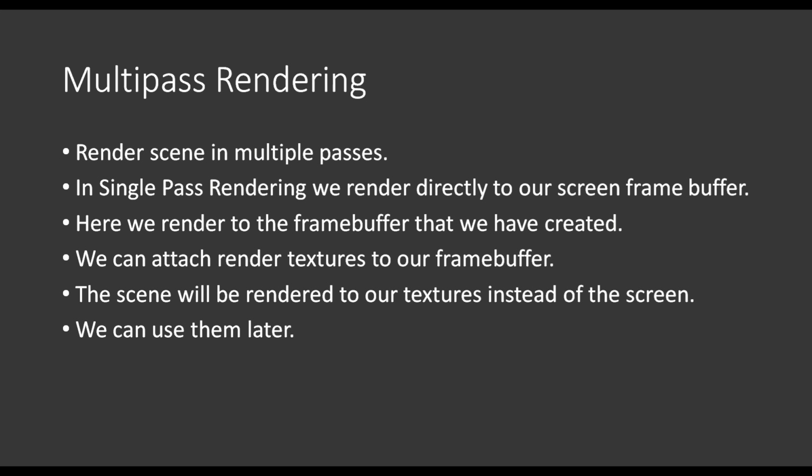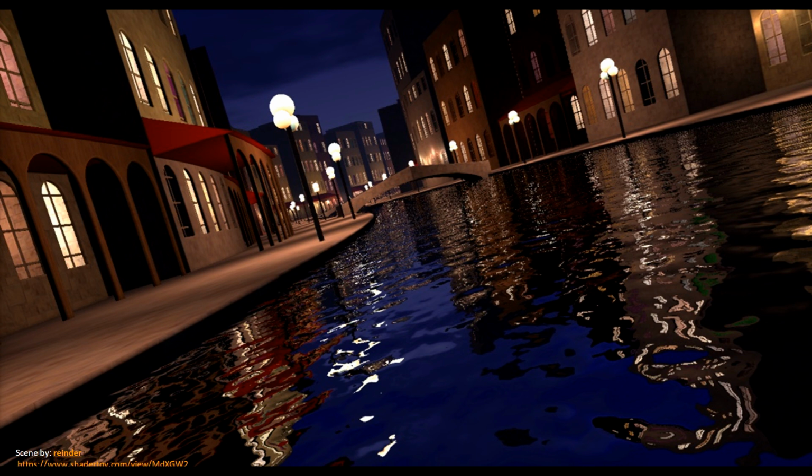Knowing this, we can now think of a simple example of rendering reflections, such as water. For a flat surface, we will probably get away with using just one additional render pass. So now let's go through the process of rendering a scene with water reflections.